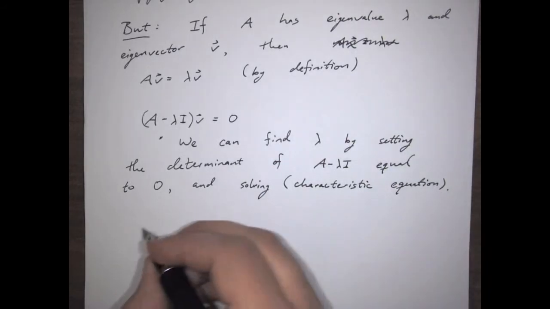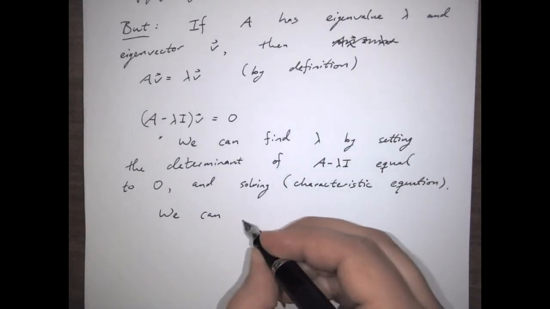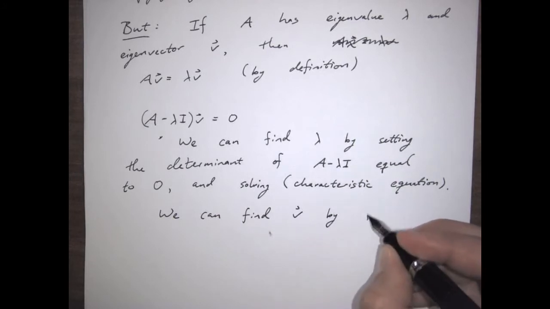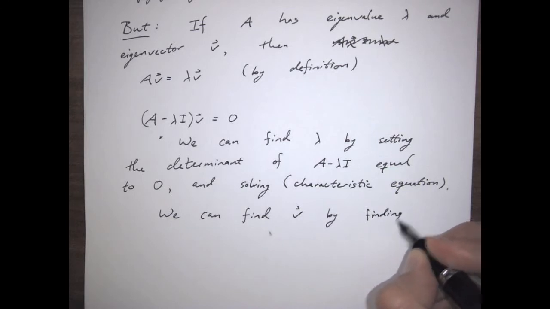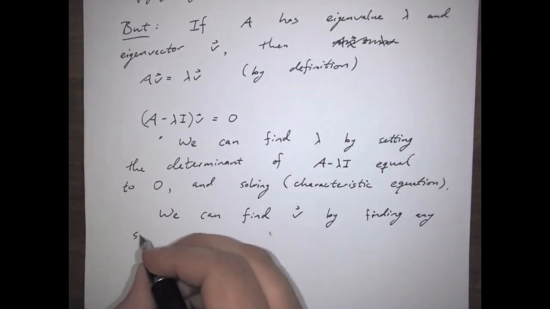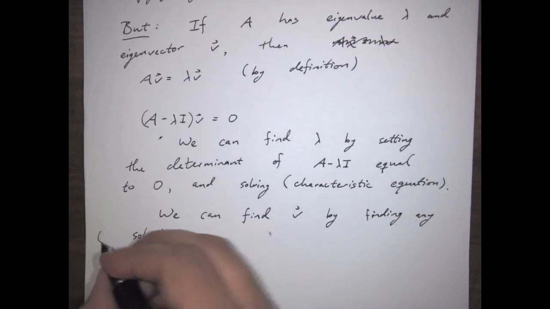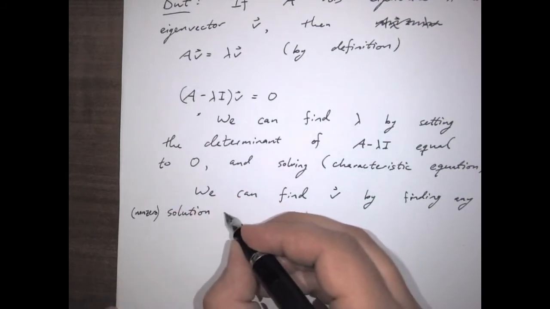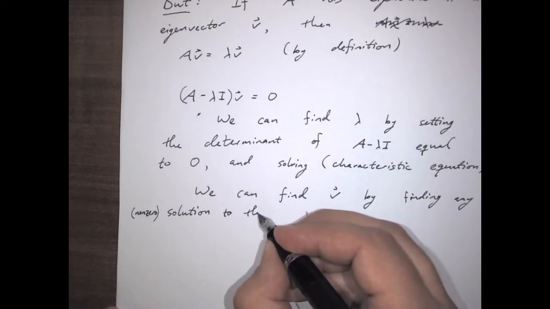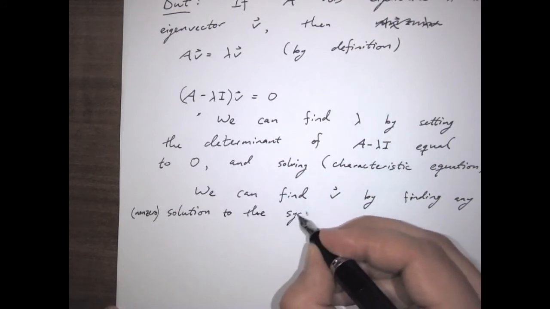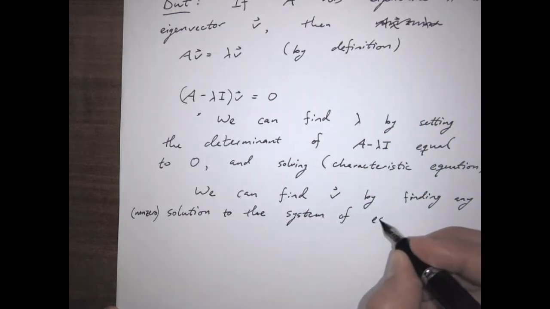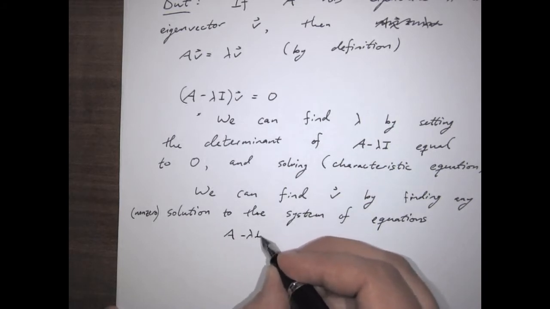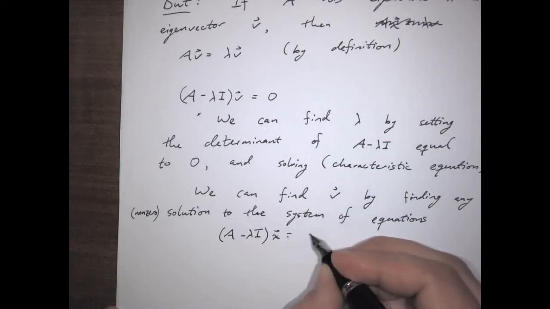And then we can find v by finding a non-zero, non-trivial solution to the system of equations A minus lambda I times x equals 0.